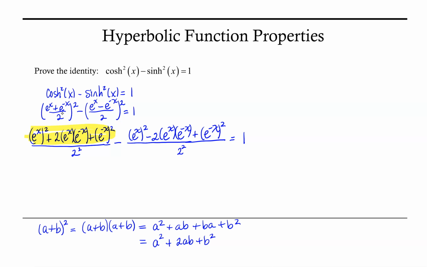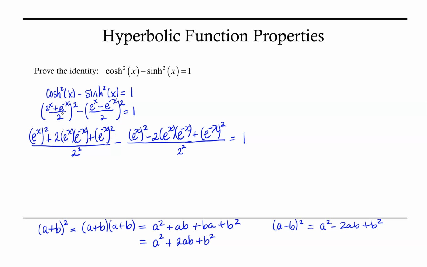A similar process can be done with subtraction. A minus b squared is a squared minus 2ab plus b squared. So I simply applied my knowledge of these two relationships to those numerators. So you can go ahead and check that out.